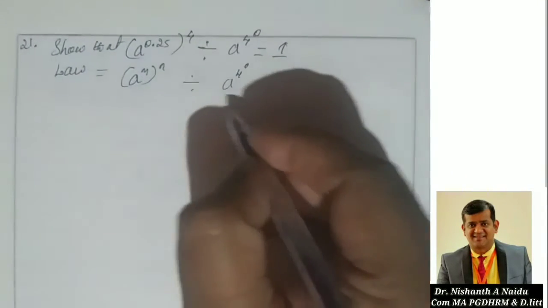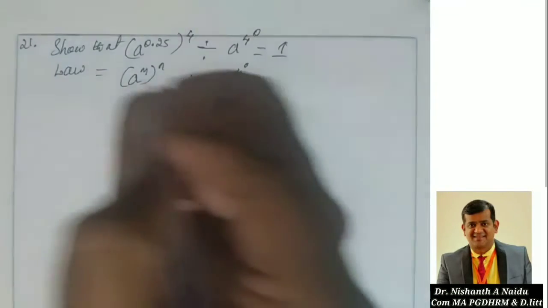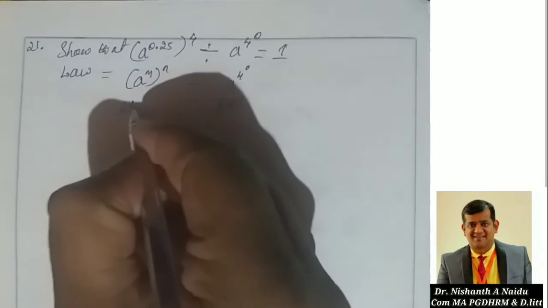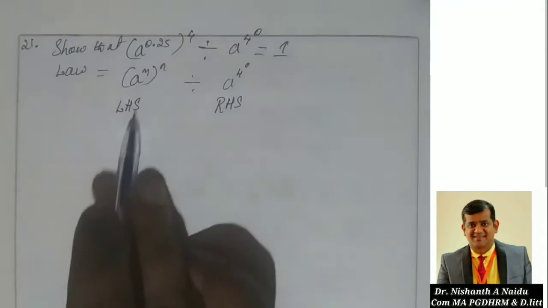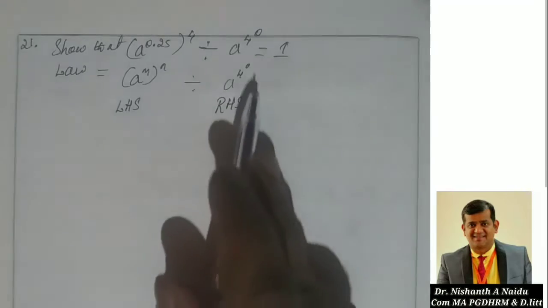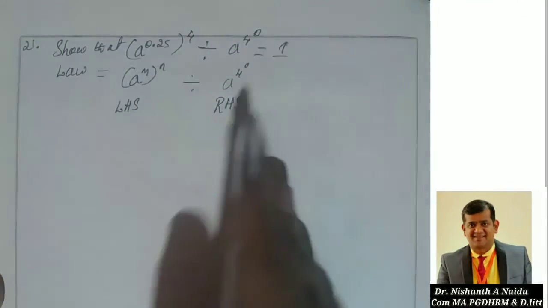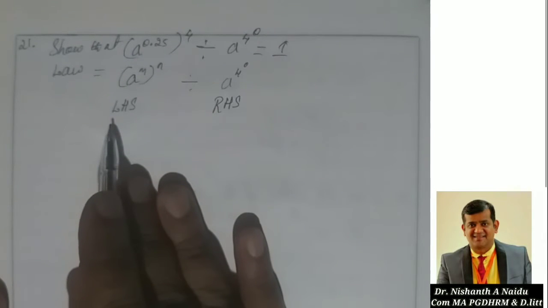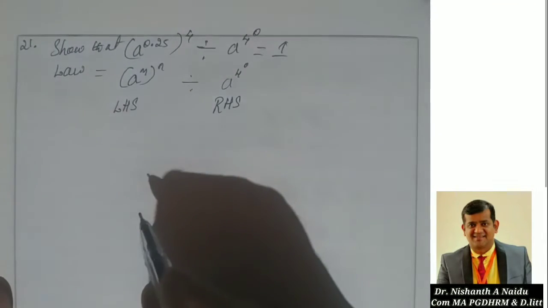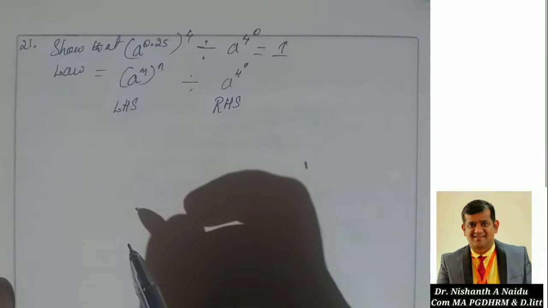Let us consider this as the RHS, the right hand side, and this as the LHS, the left hand side, because that comes to your left and this comes to your right. First we have to do the calculation part.